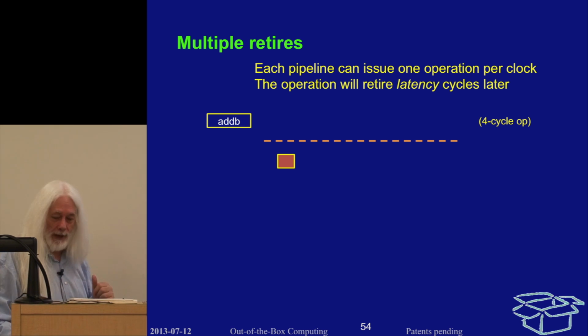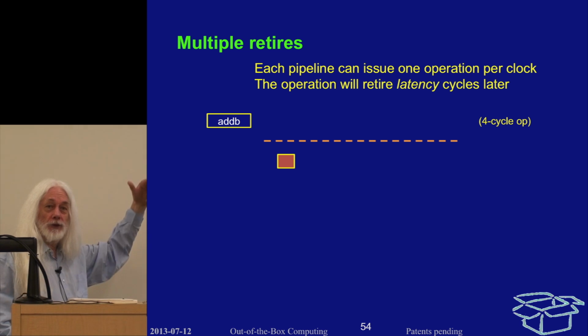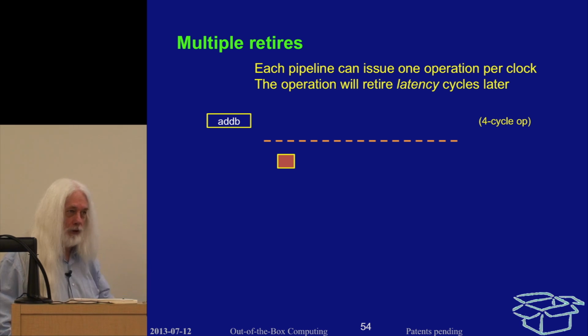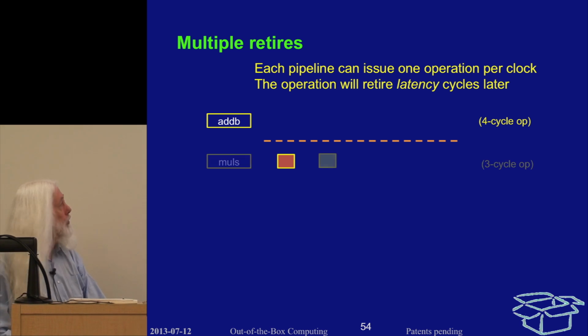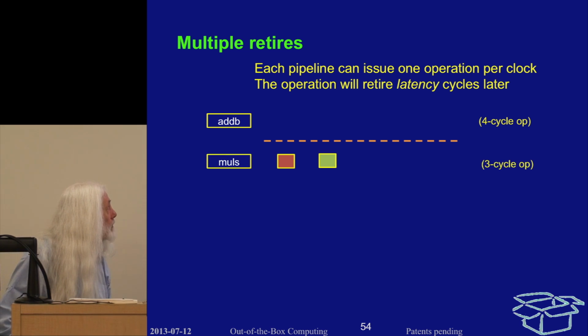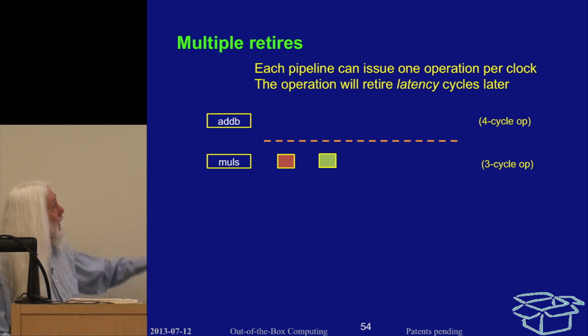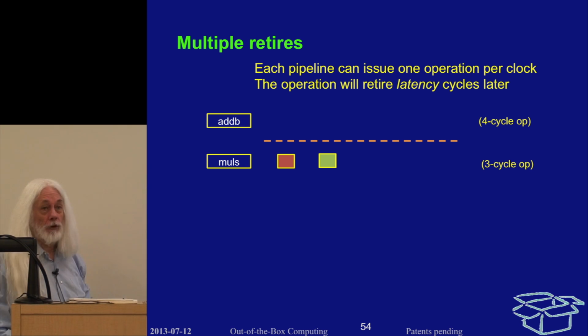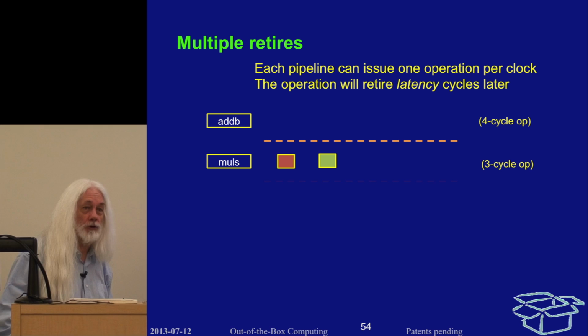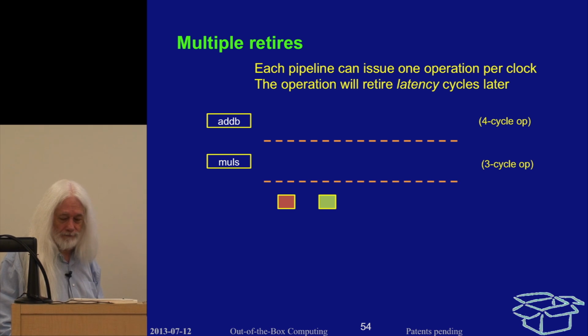It's only in the floating point add unit. One cycle later, it is still being worked on, still in the internal state. And we're now able to issue a signed integer multiply, a 3-cycle operation. And the green there is now the internal state in the integer multiply unit.